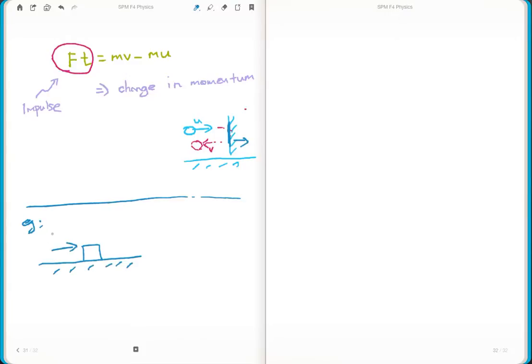Exert a force to the right, and force is a vector quantity, 1 Newton, 1 kg. This object will accelerate at 1 meter per second squared. Or put it the other way, 1 Newton, maybe 5 kg.